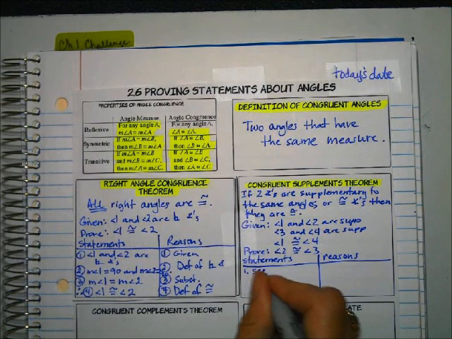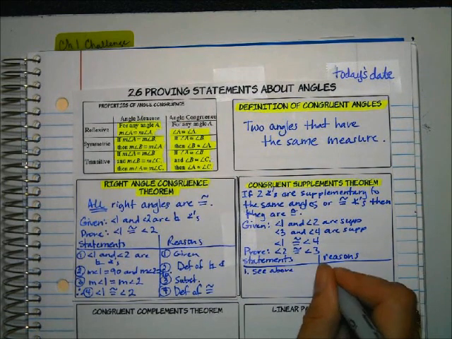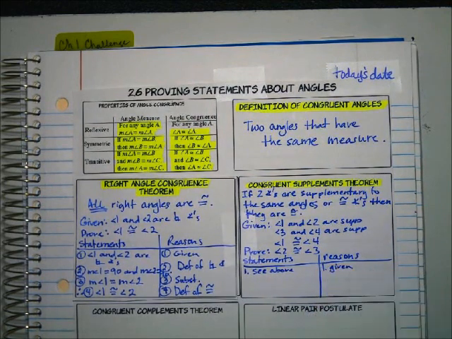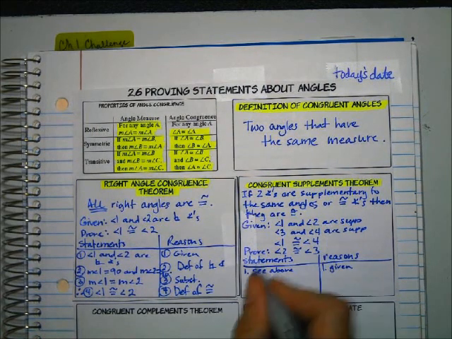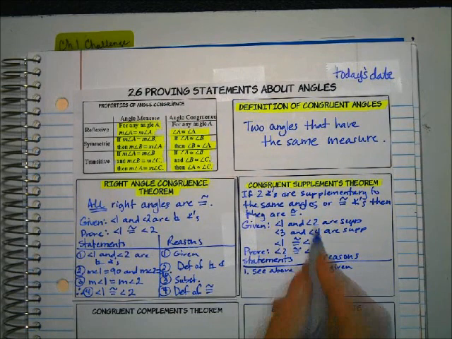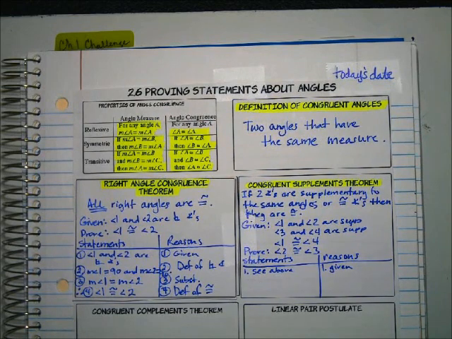So I'm just going to write C above there so we can save some space because I'm running out of room. So angle 1 and angle 2 are supplementary, angle 3 and angle 4 are supplementary, angle 1 is congruent to angle 4. Alright, so since we know they're supplementary, hopefully you're thinking what I'm thinking, that when you add those together, you would get 180.